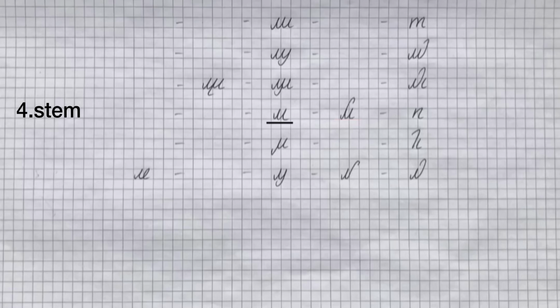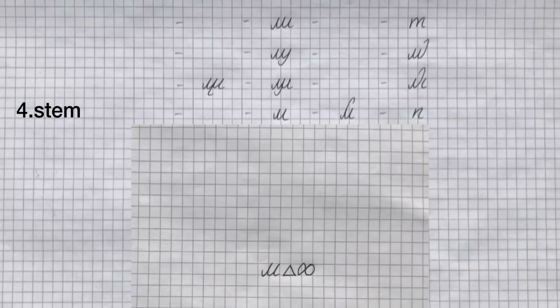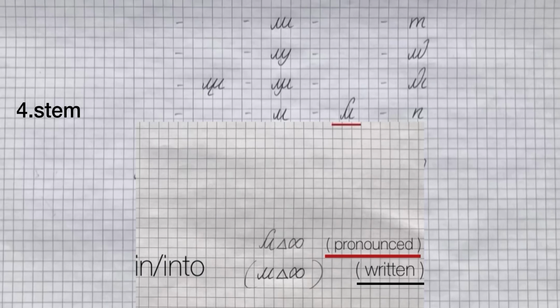So this letter has two pronunciations as well, o and sometimes a. For an example, this word here means in or into. It is written with the letters O and M, but it will be pronounced as A and M.